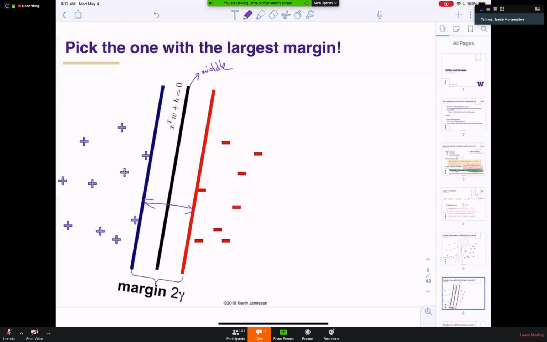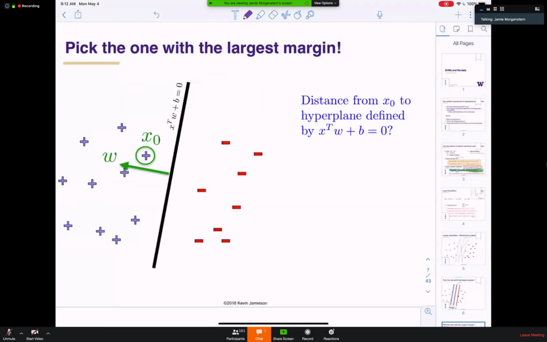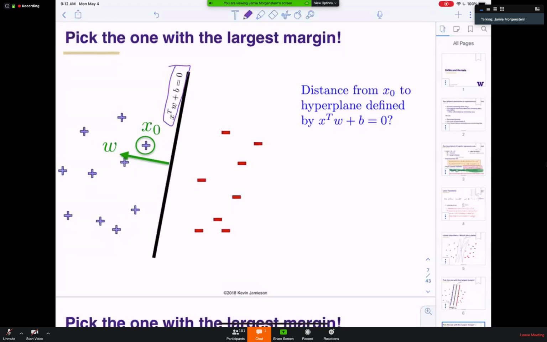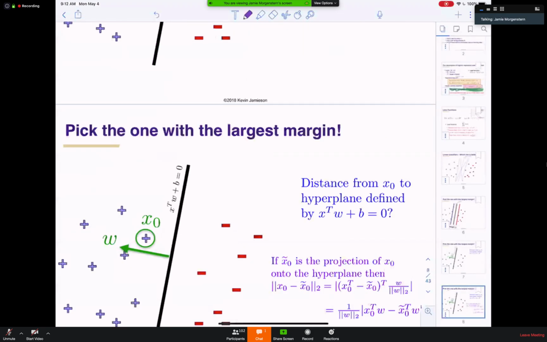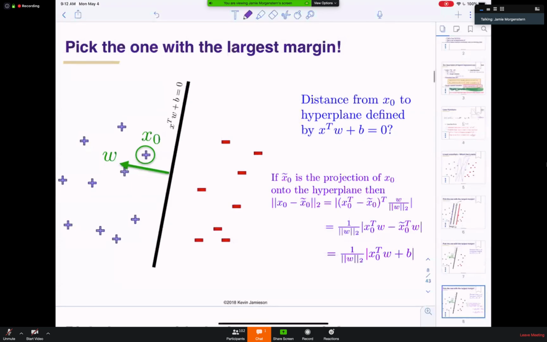If we wanted to actually measure what this margin is, we would say, if we have a particular decision boundary, what is the distance between this decision boundary, this hyperplane, and all of our different data points? For example, we could be thinking about x naught, and the distance between x naught and this hyperplane. We just have to think about projecting x naught, right?